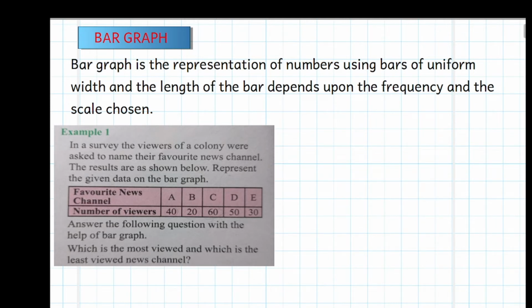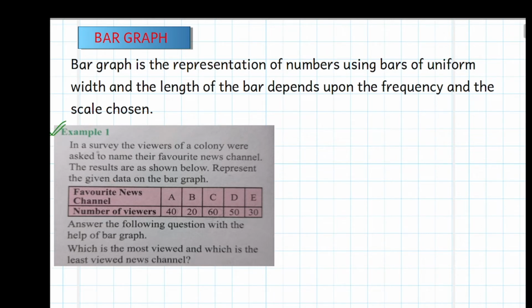Now this is a bar graph. A bar graph means it is represented using a uniform scale and rectangular bars. I will show you one example.